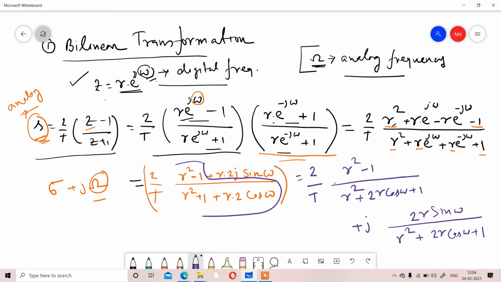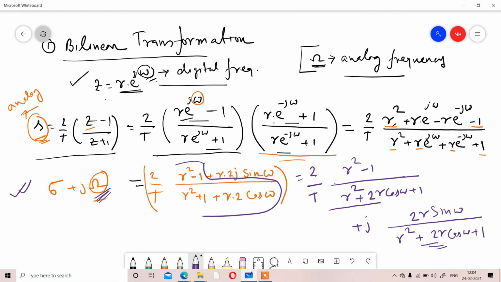Okay, so from this equation, if we compare the real part with real part and imaginary part with imaginary part, then sigma will be equal to the real part and the analog frequency omega will be equal to the imaginary part.